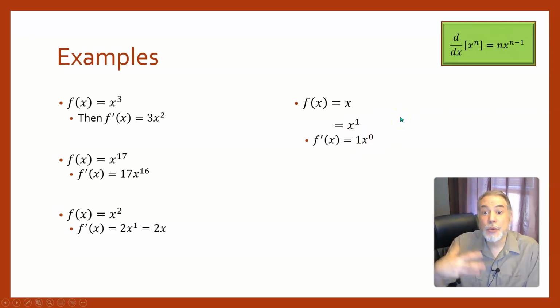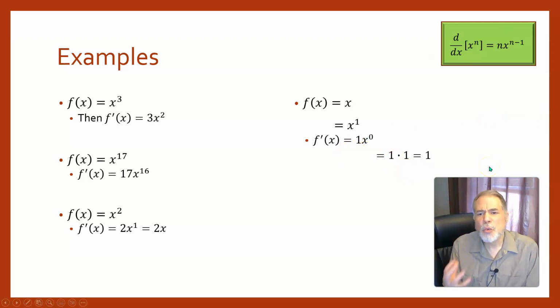But any number to the 0 power is just 1. That's how exponents work. So this would just be 1 times 1, or 1. So really, we didn't need a separate rule that told us that the derivative of x is 1. We could just consider that as a special case of this power rule.